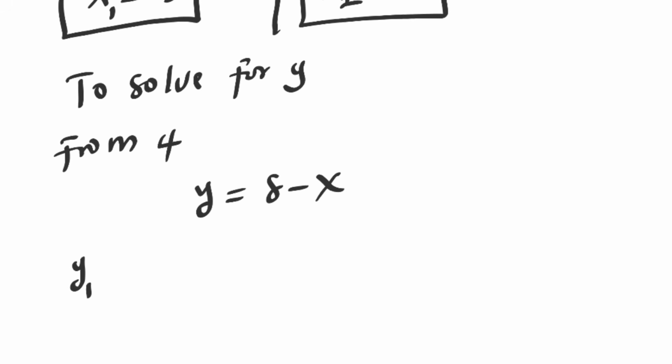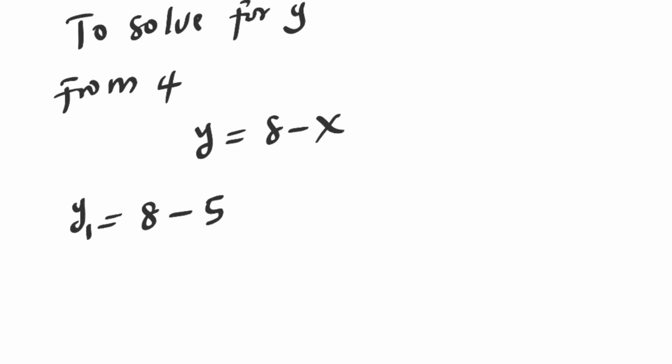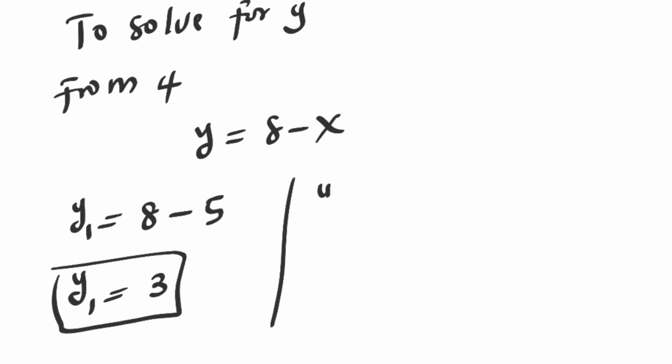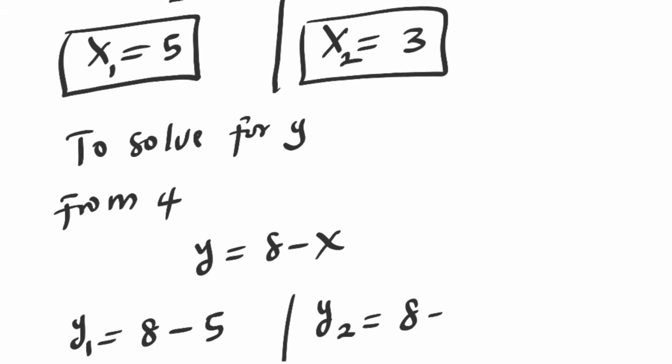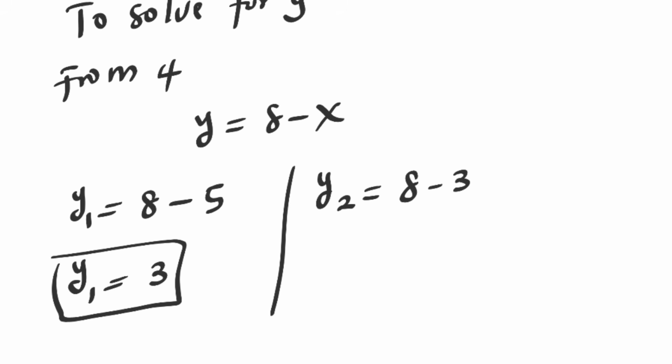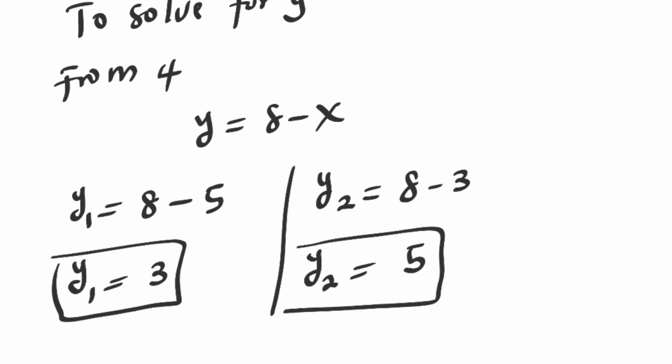Then y1 is equal to 8 minus, if x1 is 5, we have 5. y1 is equal to 8 minus 5. This is 3. This is the value of y1. Also, y2 is equal to 8 minus x2, which is 3. y2 is equal to 5. This is the value of y2.